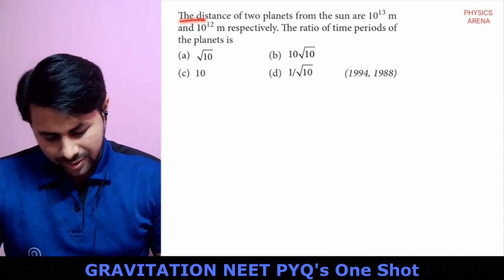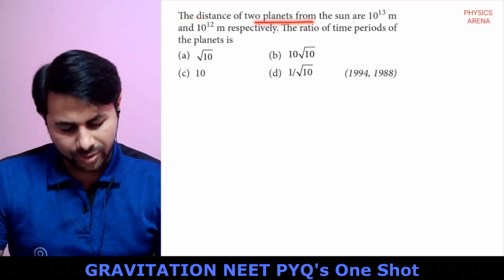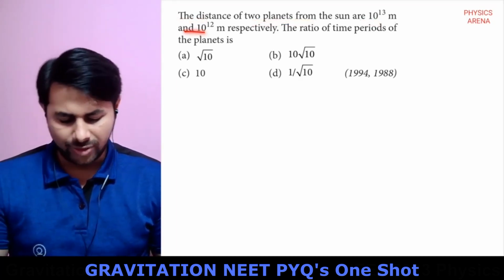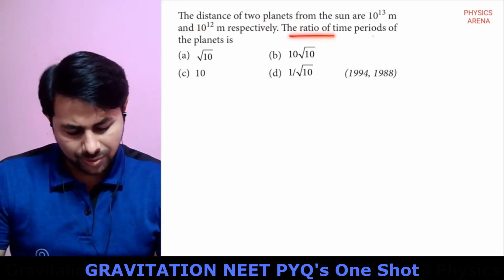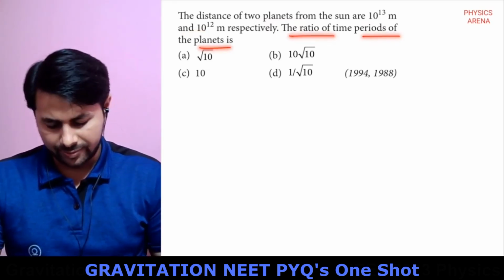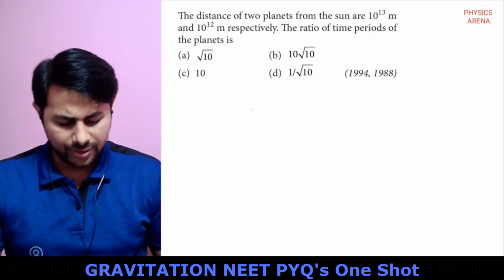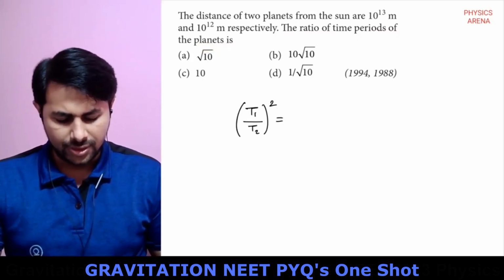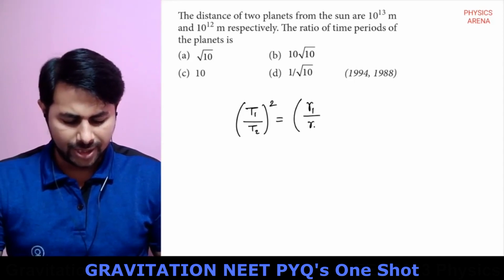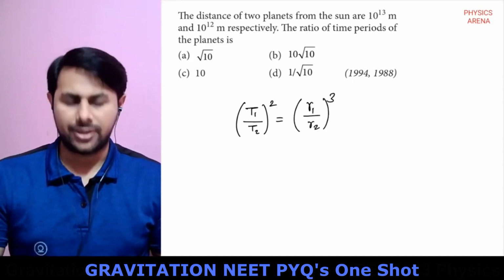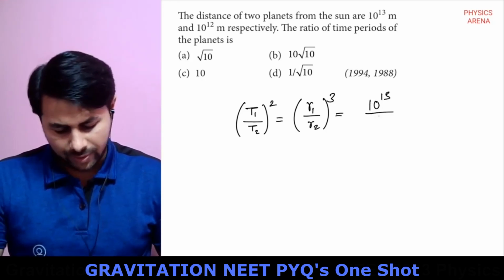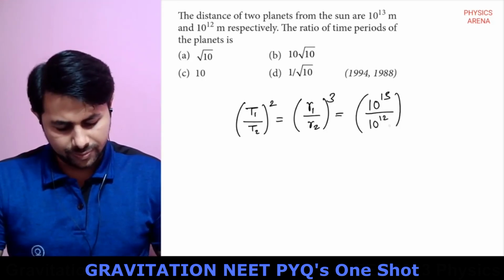The distances of two planets from the Sun are 10 raised to 13 meters and 10 raised to 12 meters respectively. The ratio of time periods of the planets is? Again, this is very simple. (T1 divided by T2) squared is equal to (R1 divided by R2) cubed.